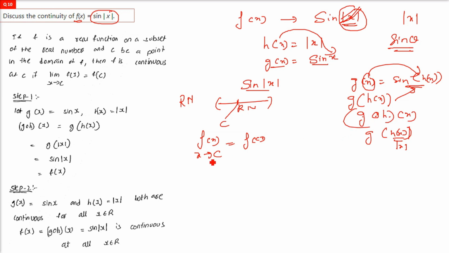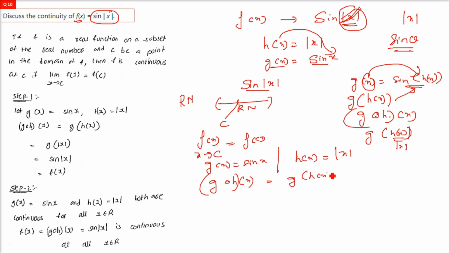Okay. So let me tell you again about this g(x) and h(x). g(x) is if you take it as sine x, h(x) if you take it as mod x. So this function which is given to us is nothing but g operation h, goh. So g operation h of x, it is g of h(x). What is g of h(x)?